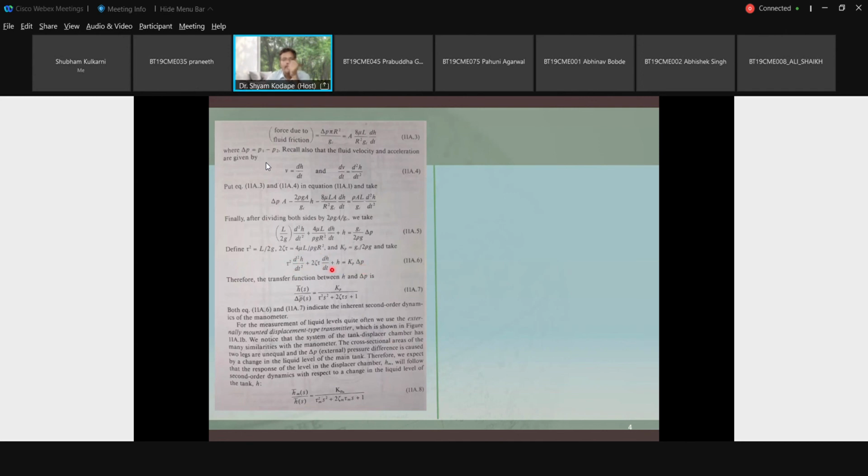Agree? Then take the Laplace transform of this, because I want the Laplace transform. Laplace transform will give us such type of equation. H by delta p is equal to Kp by tau square s square plus 2 zeta tau s plus 1. Are you getting my point?